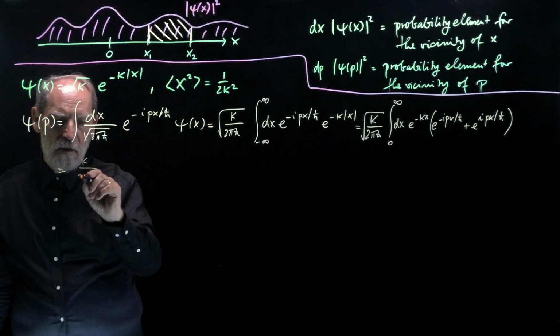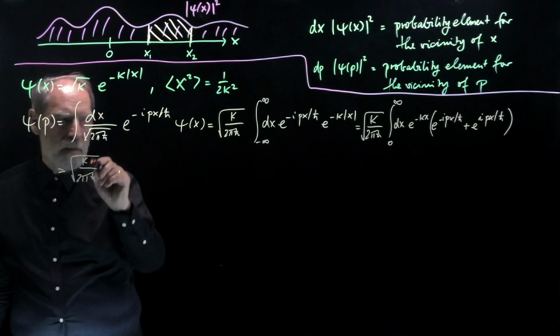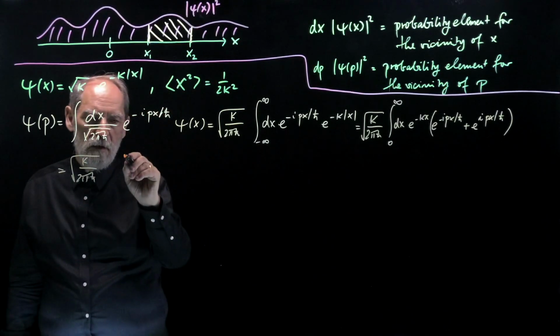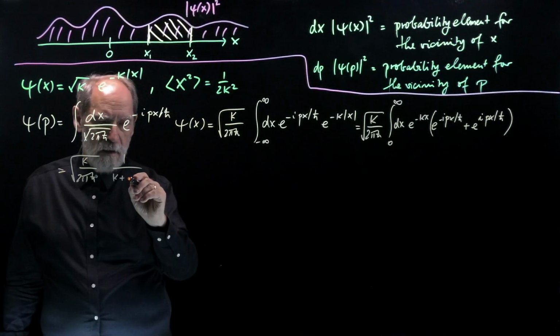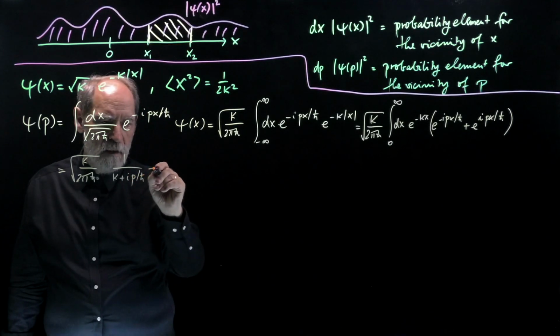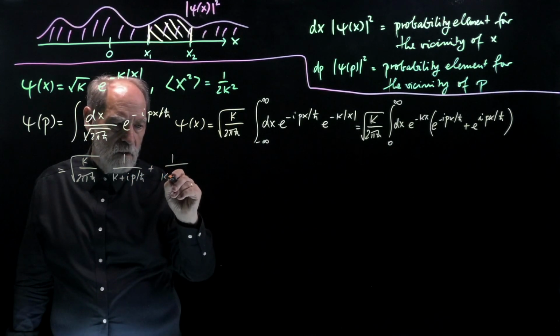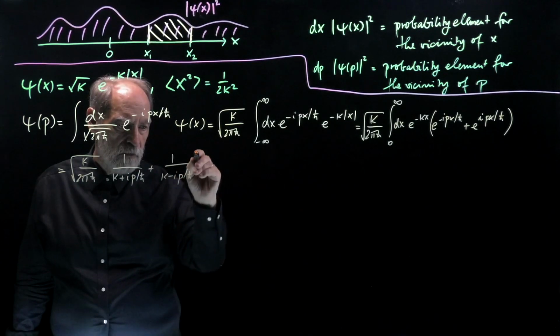So this is a simple integral. We get kappa divided by 2 pi h bar, and then the first integral gives us 1 over kappa plus ip divided by h bar. The second integral gives us the complex conjugate of that first one.